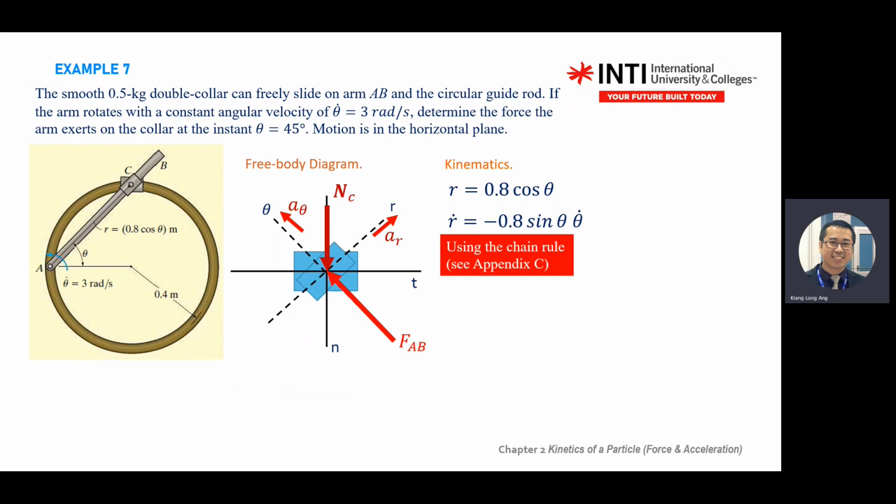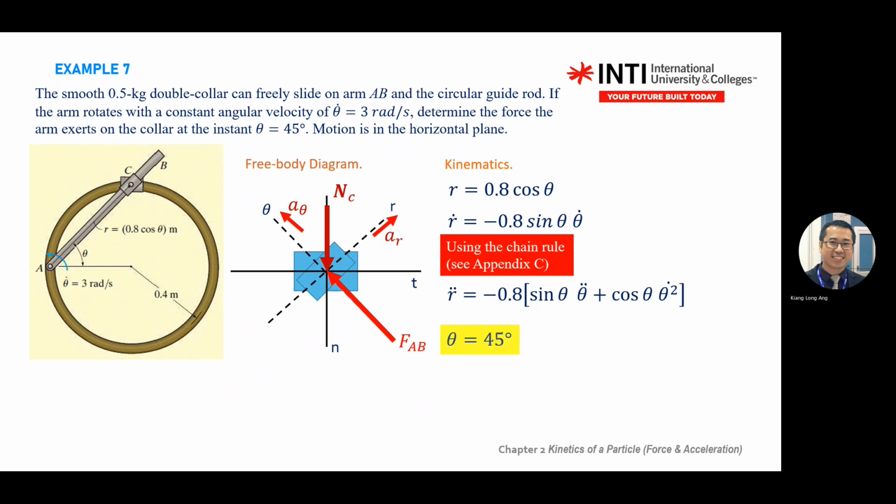So you need to use the chain rule. r dot, you use chain rules. Then r double dot, you also get another equation. It's 45, right? Then theta dot will be that one. Theta double dot is 0.